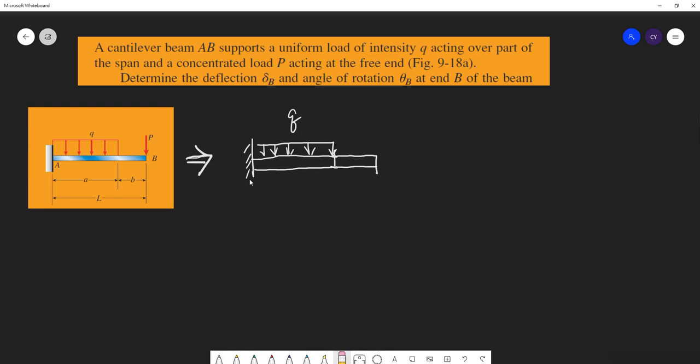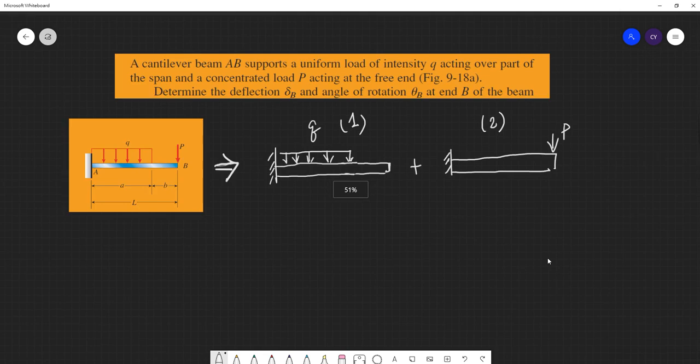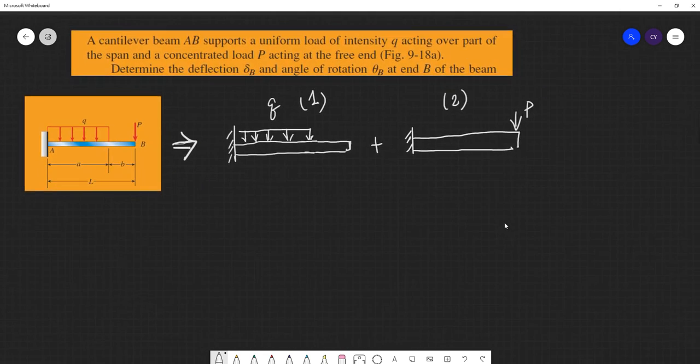And plus the second case, the cantilever beam, the second case is by P. So we can separate into the number one case and the number two case.